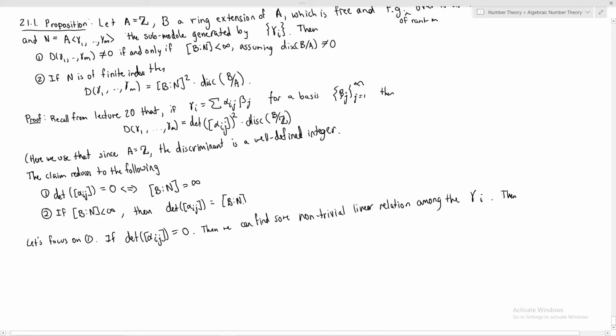These things aren't actually a basis for N. I want to claim that N can be generated by a smaller number of generators. Claim: N can be generated by a smaller number of generators.